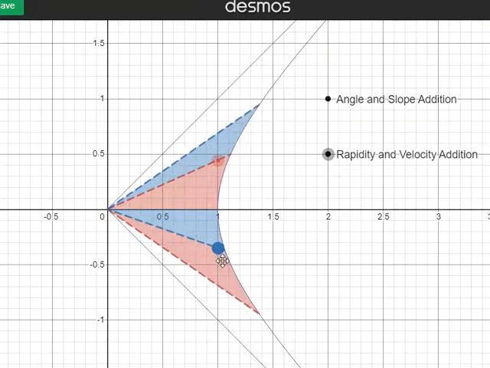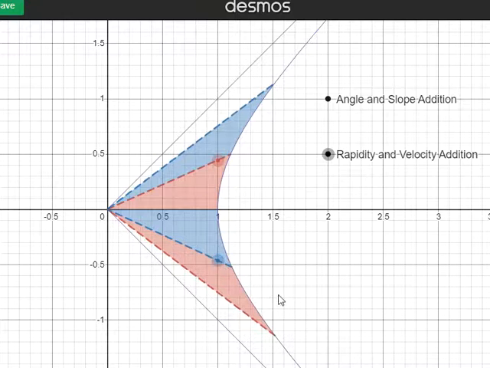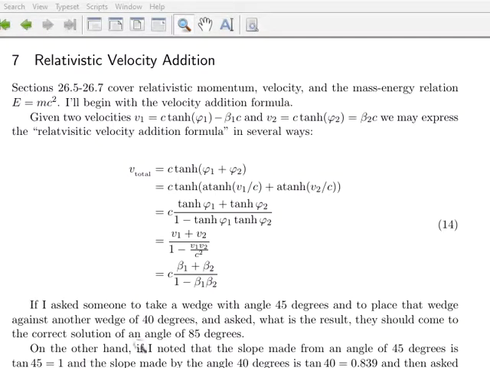So what happens is that you can basically take the velocity formulas, convert them to rapidities, add together the rapidities, and then convert back to velocity. I've written this in several ways, maybe too many ways, but basically your first velocity is c times the hyperbolic tangent of that rapidity.